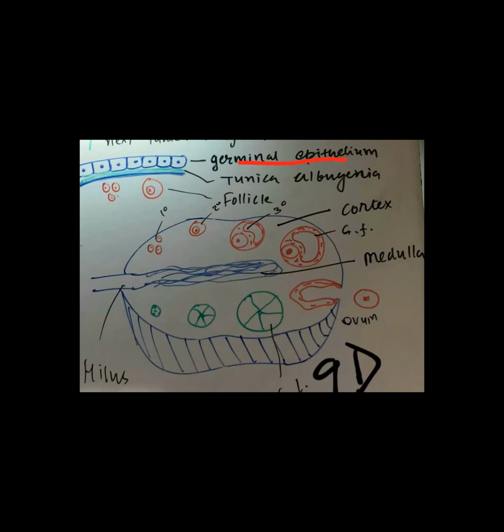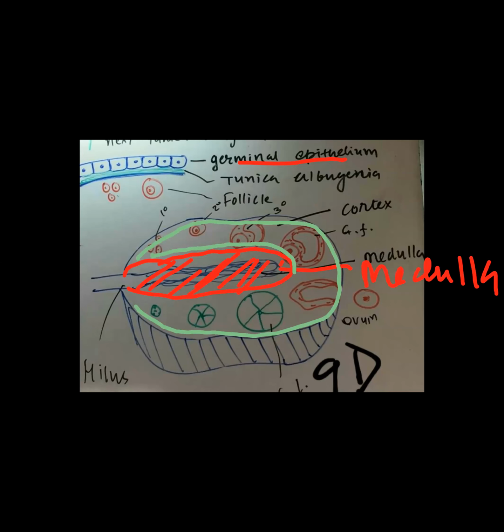This stroma is further divided into two parts, such as this red color part, which is the medulla, and this outer portion, which is called the cortex.